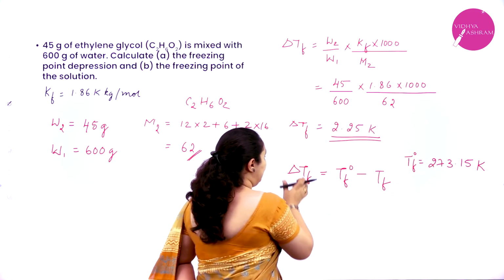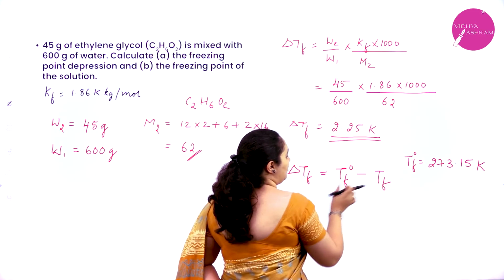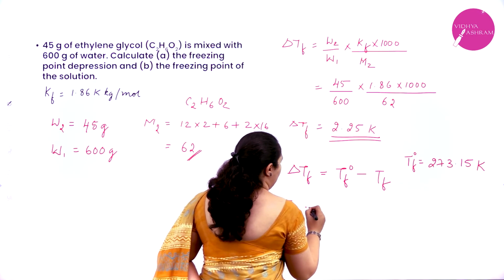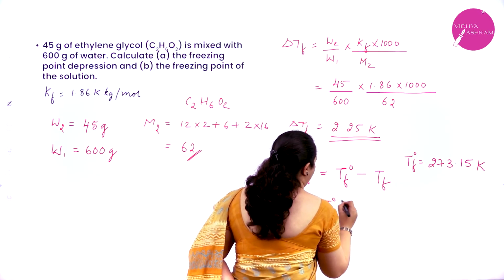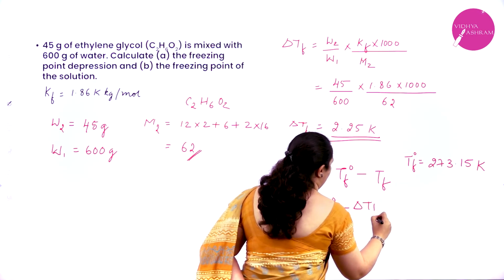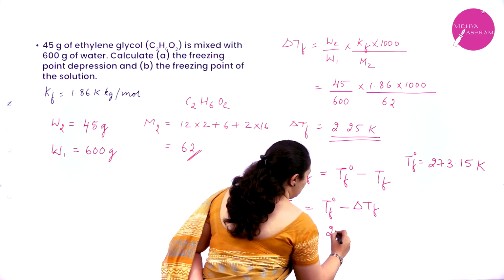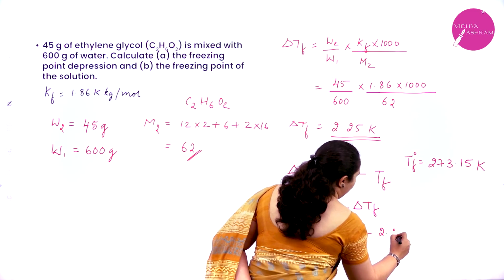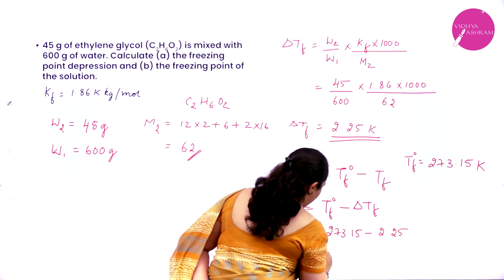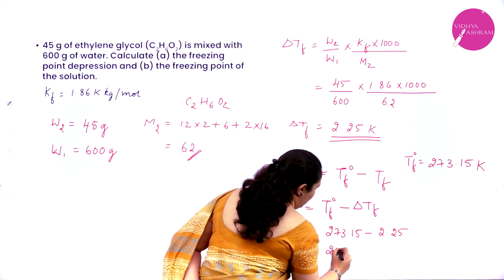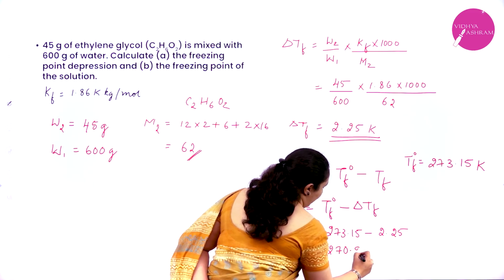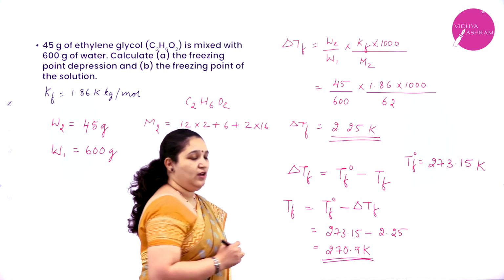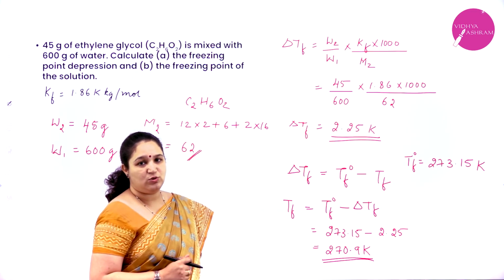So delta TF I know, TF naught I know. Can I find TF? Yes, of course. So TF is equal to TF naught minus delta TF. So 273.15 minus 2.25, which will be equal to 270.9 Kelvin. So this is the freezing point of the solution.